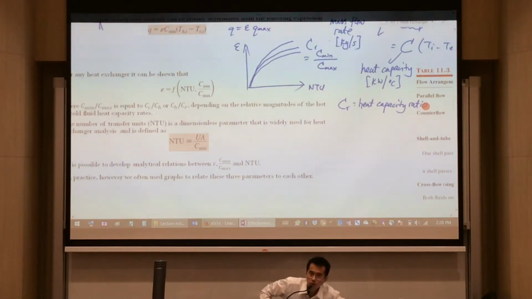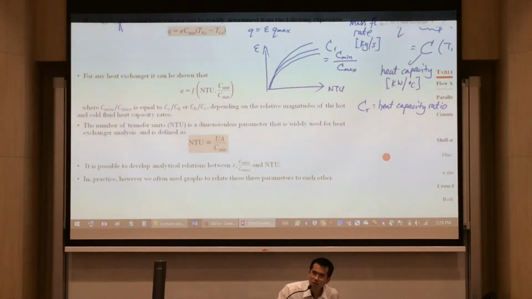Heat capacity ratio. So you heard it already. This capital letter C is called heat capacity. Capital letter C with a small subscript R, we call it heat capacity ratio. Is there a dimension for it? C min divided by C max, that's equal to CR. Is there a dimension? It's dimensionless. So your CR is actually a dimensionless number.